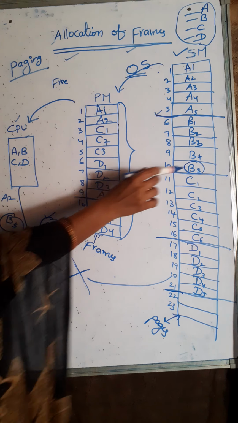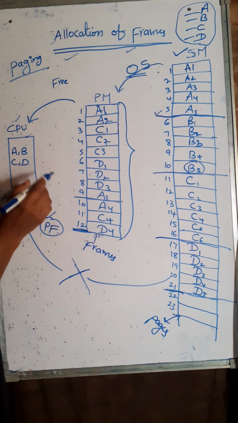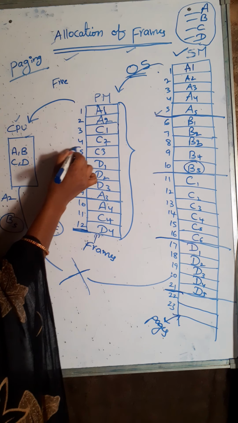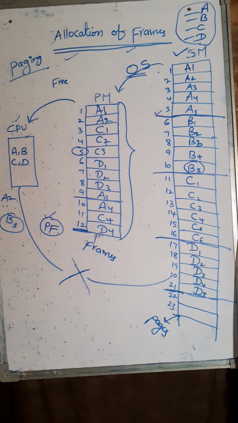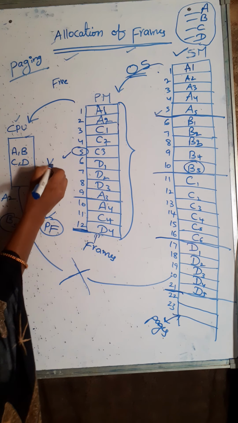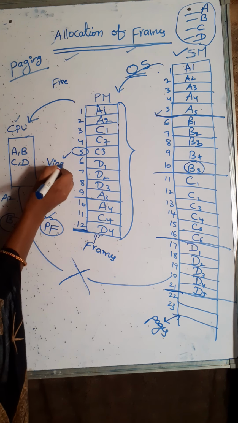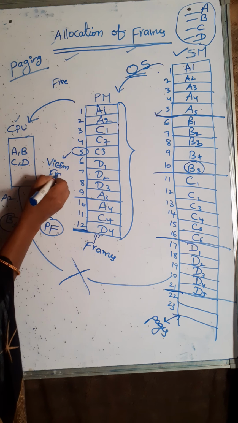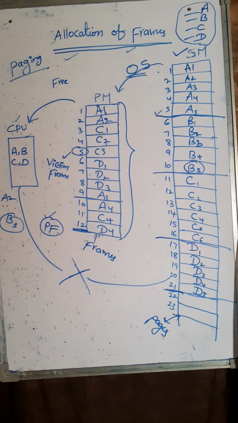CPU is requesting for B5, right? So we should deallocate memory space for one frame. Let us assume that I have chosen page 5. So we can say this page is the victim frame. In order to choose the victim frame, we will use the page replacement algorithms.